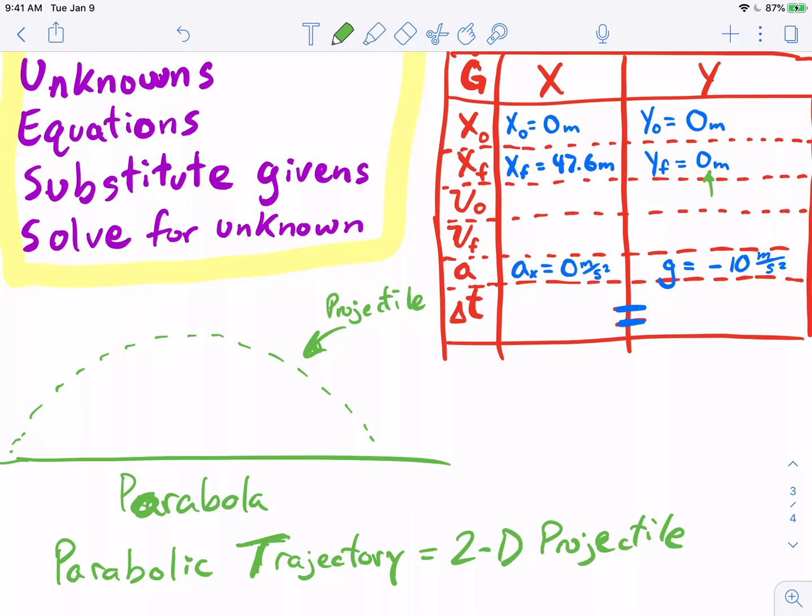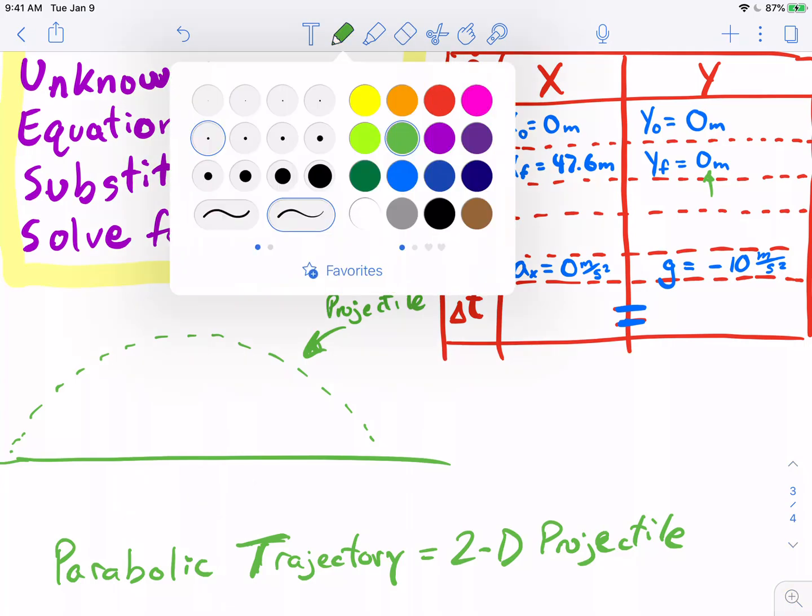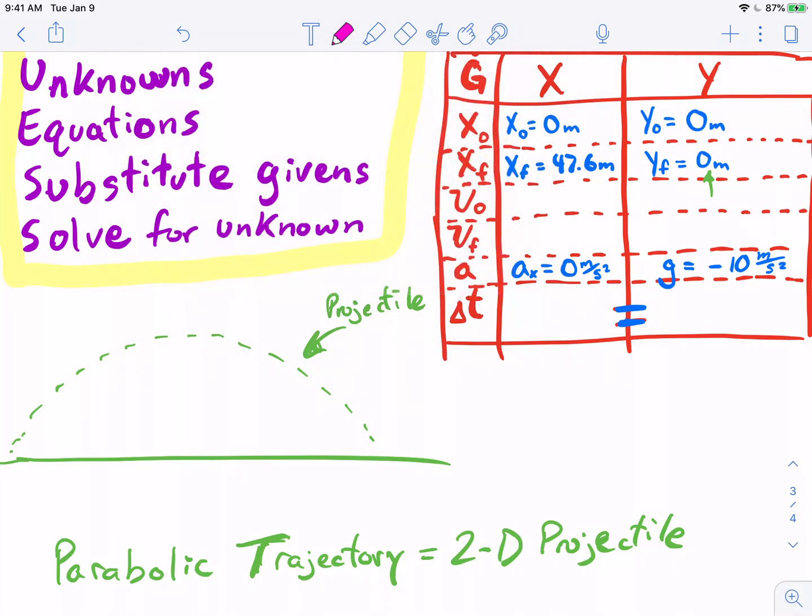Now, that's the terms, okay? Now, here's what's pretty cool about this. This is a symmetrical shape, okay? And so that means that there's a cool bit of symmetry here. If we cut this down the middle, then here's where R2 started over here. Here's X sub naught, and that was position 0 meters. And then here is X sub F, and that was 47.6 meters away.